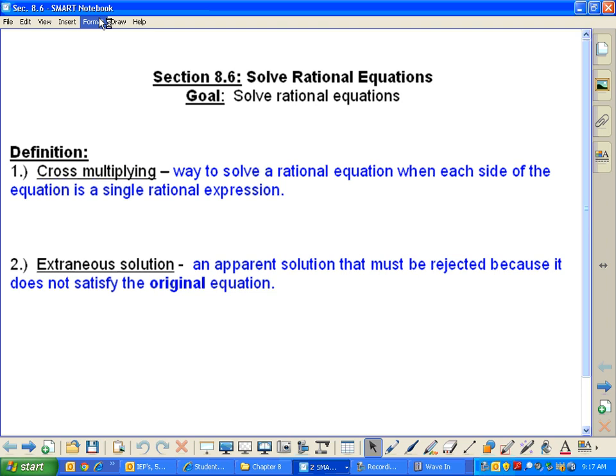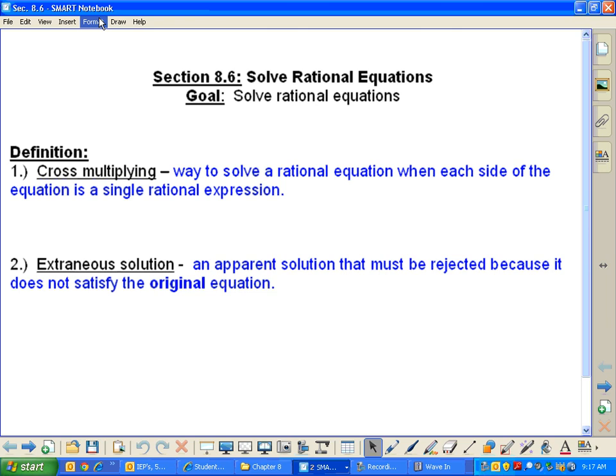That's our goal. And just to start off with, you've got a little bit of vocabulary to go ahead and copy down. One of these words we have already defined: the term extraneous solution. And then cross-multiplying, that particular definition is one you probably took care of quite a bit in geometry when you did your proportionality theorems for similar figures.